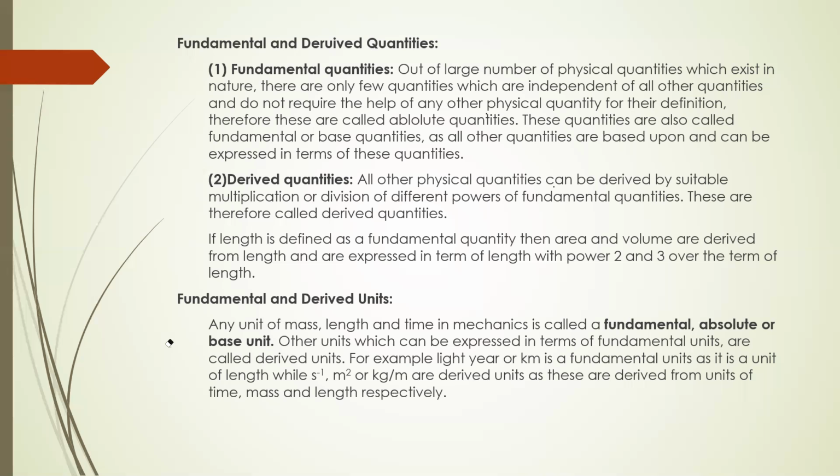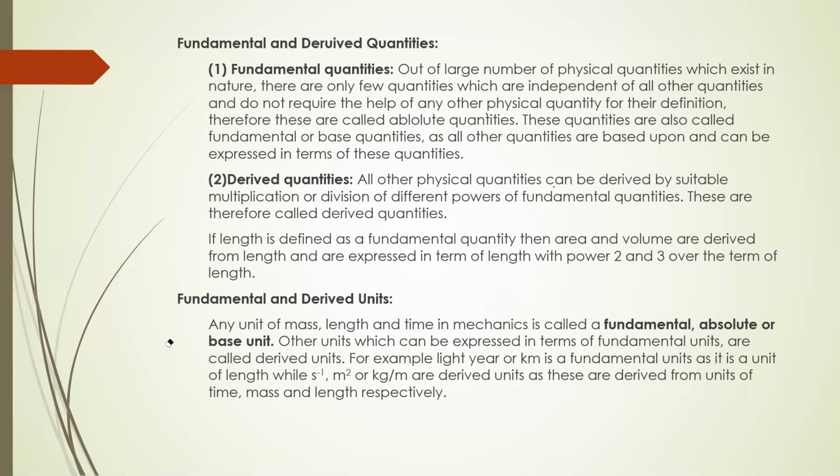Any unit of mass, length and time in mechanics is called a fundamental or absolute base unit. In simple words, we can say that the units of fundamental quantities are called fundamental units, and the units of derived quantities are called derived units.